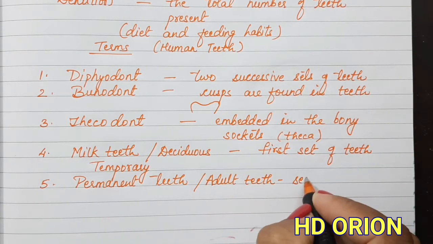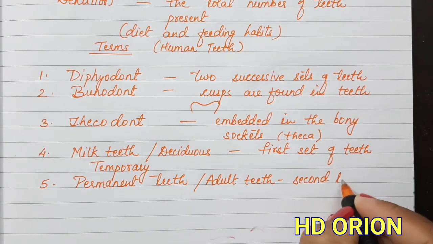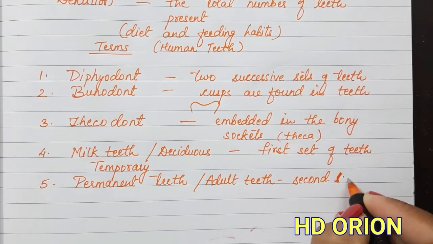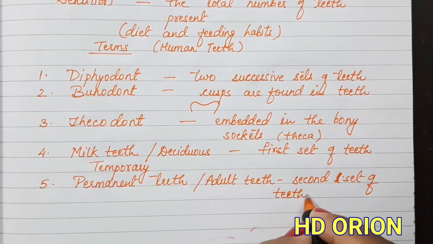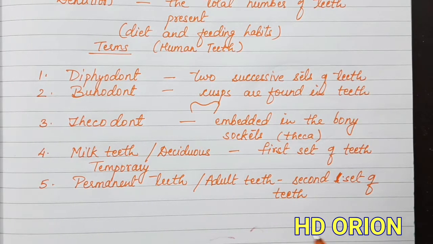This is the second set of teeth, which appears later after 12 years of age, and this remains throughout your lifetime. So this is the permanent teeth.